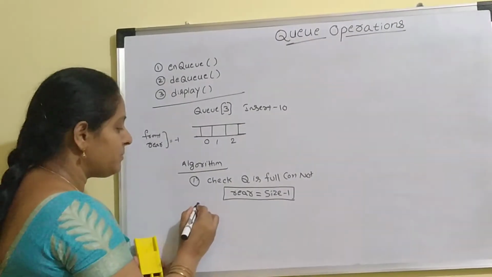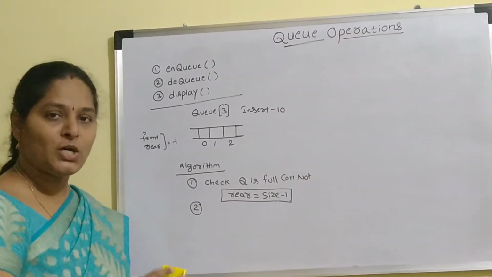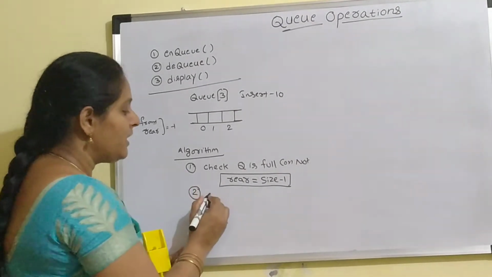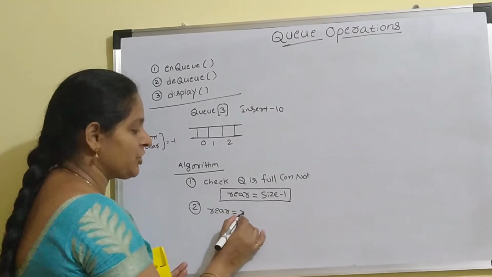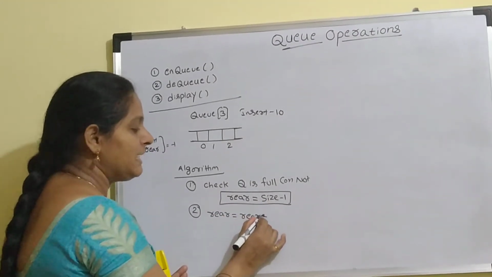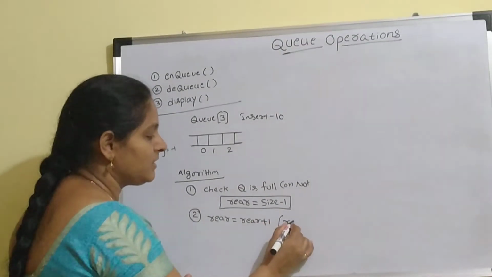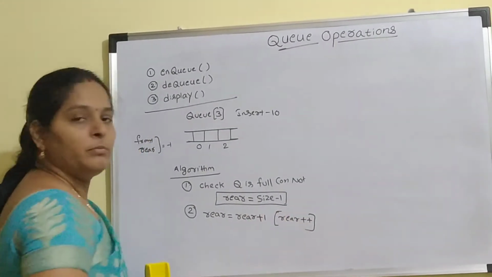Now the second step is, if the queue is not full, then move the rear pointer to the next available location. So increment the rear pointer by 1, or we can also write it like this, rear plus plus. Okay.